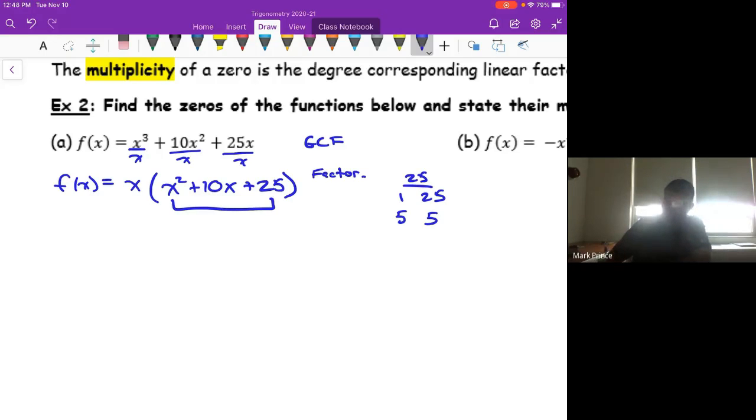So 5 plus 5 makes 10. Now we're going to solve each of the factors like we did before.